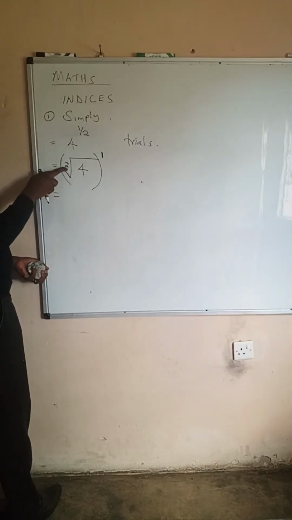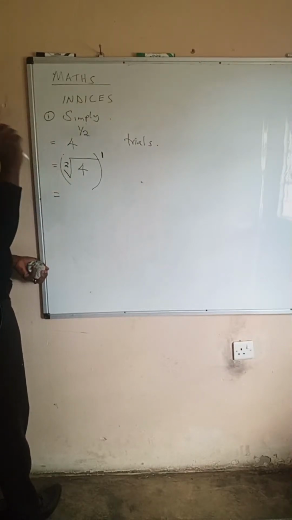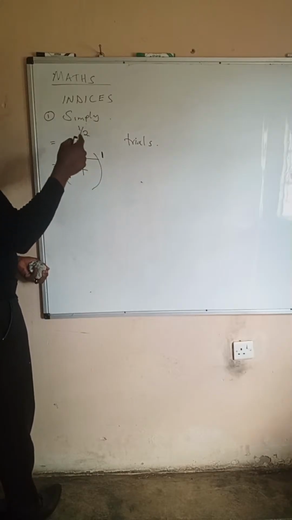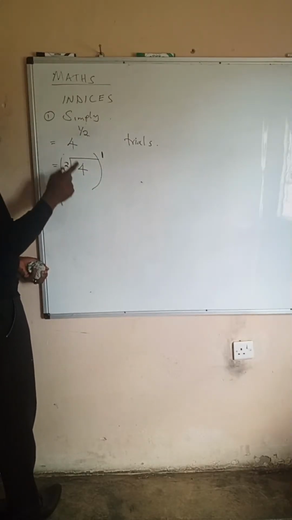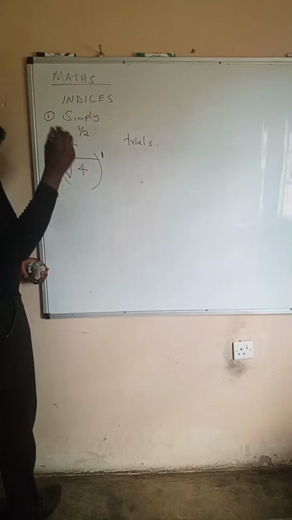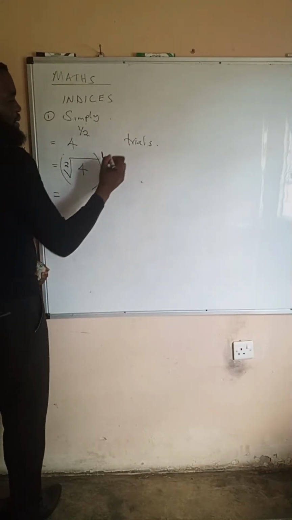So if it is 3 in front here, it means look for a number that when you multiply it 3 times by itself gives you the number inside the square root. So we will do trials.